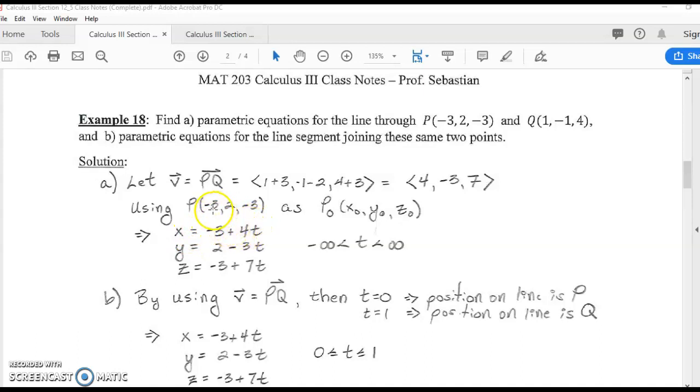So that's -3 plus 4T. Y equals Y naught plus T times V2, so 2 minus 3T. And Z equals Z naught plus T times V3, or -3 plus 7T. And then T, we can either assume it, but since we're dealing with parts A and B, I'll write it. T goes from -infinity to infinity.